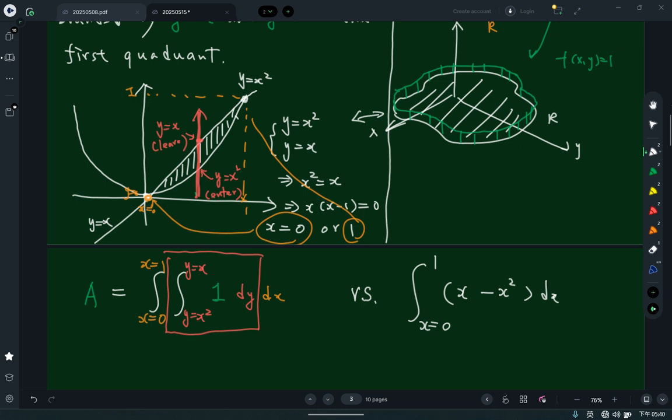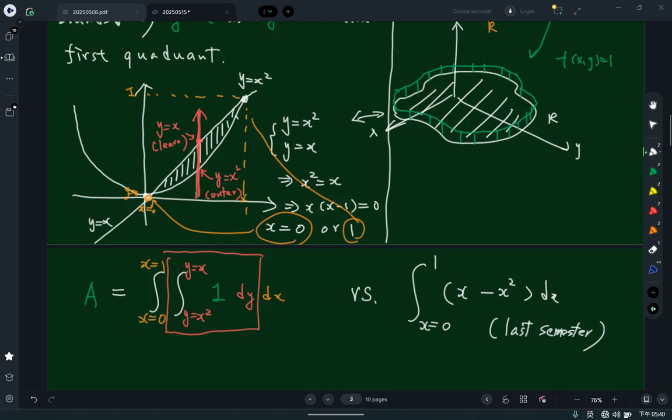So this is what we learned last semester. Did you remember? If we treat it as a single variable function, this is the upper curve, this is the lower curve. We always take the gap from the upper to the lower. So this is x minus x squared, then times small dx. Okay.